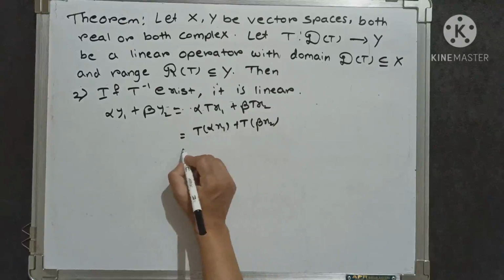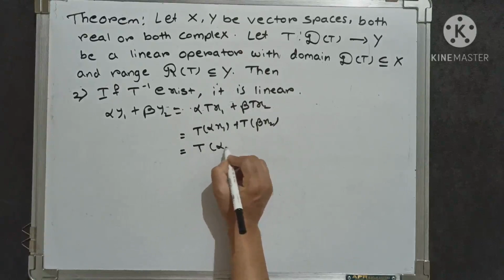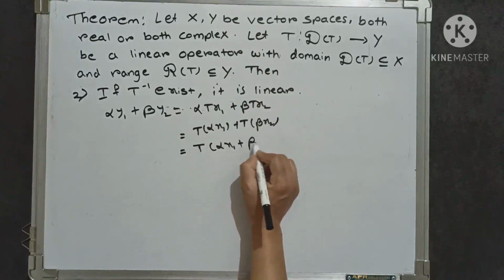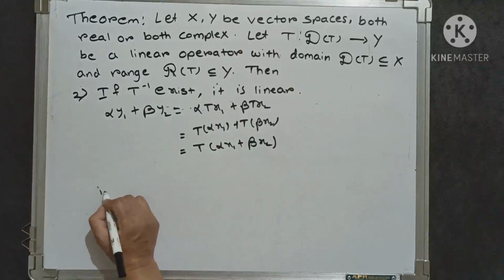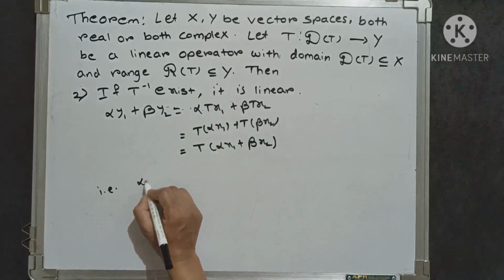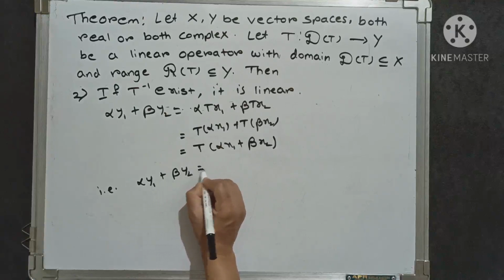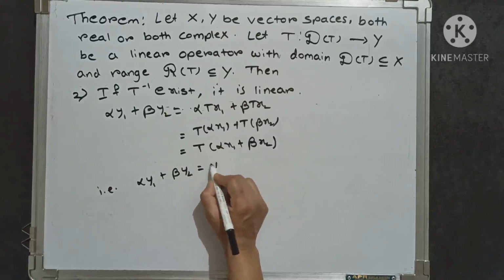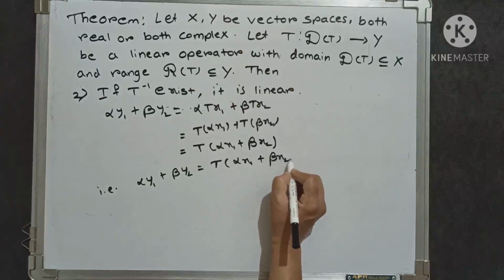Again T is a linear operator, therefore we can write it as capital T of alpha x1 plus beta x2. That means alpha y1 plus beta y2 equals capital T of alpha x1 plus beta x2.